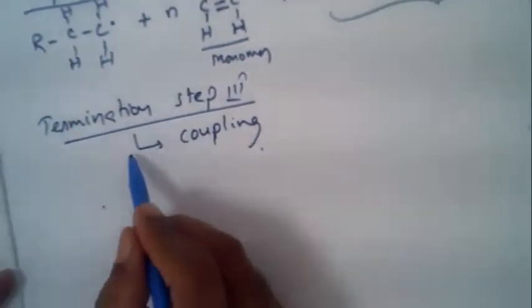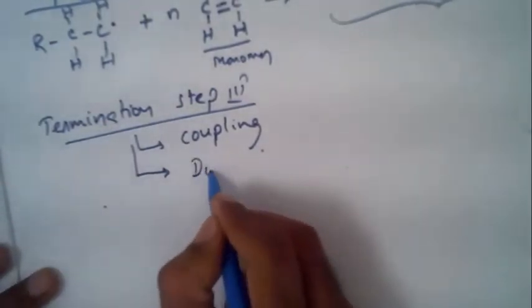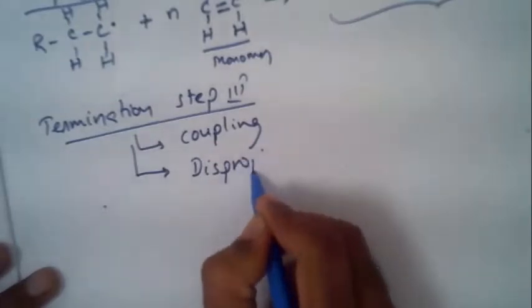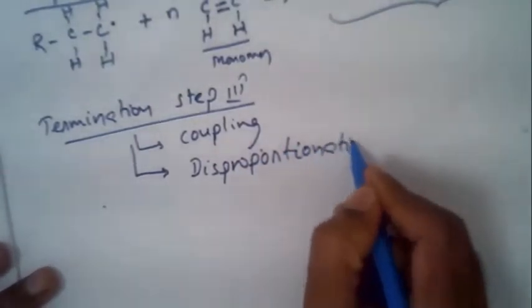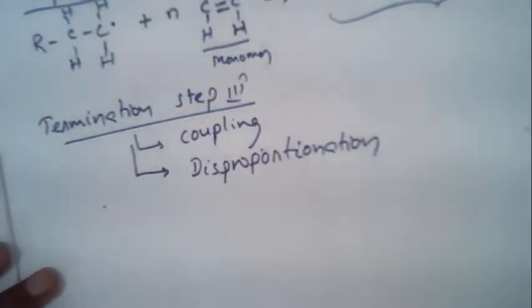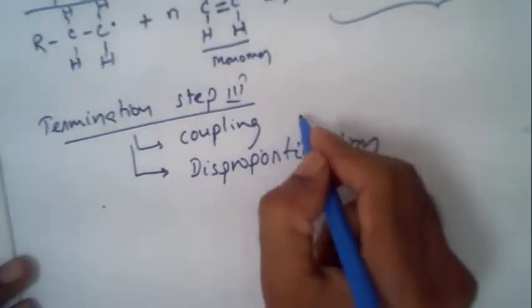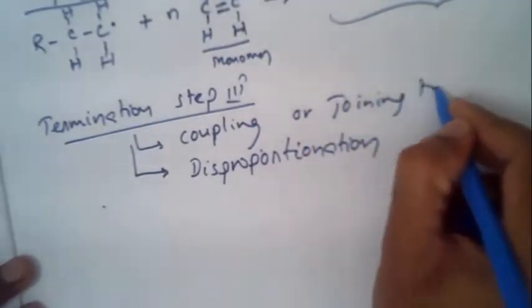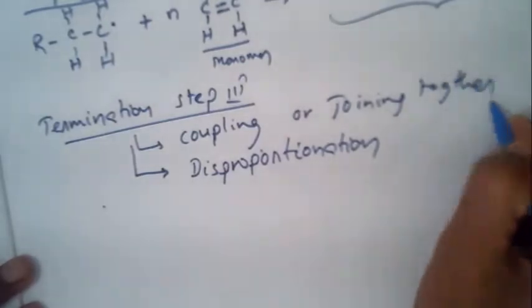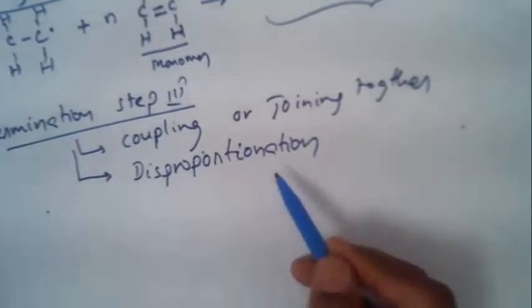Otherwise, they can go through another reaction called disproportionation.